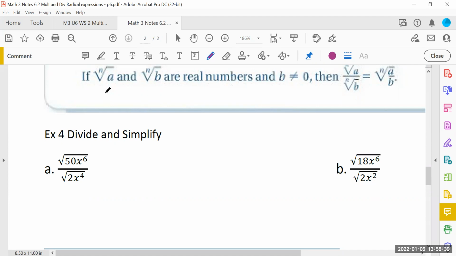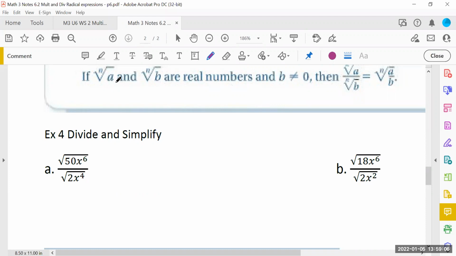If you get used to noticing certain patterns, you'll be able to tell, oh, this one's going to be easier if I do it this way. But you'll always get the right answer as long as you follow the steps. So if we're dividing, the first thing to check is they have to have the same index. So they still have to be both square roots or both third roots. If they are, you can put one radical divided by another together into one big radical.